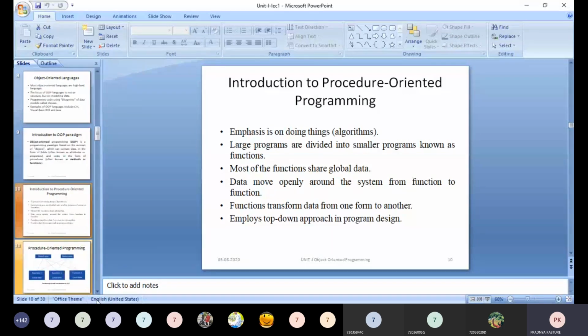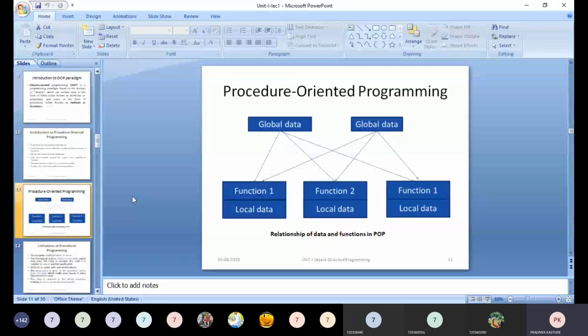You can look here at procedure oriented programming and how the global data is accessed by different functions. Functions are separated by name: function 1, function 2, and function 3. They have their own local data, as their definitions are different, but they are all accessing the global data.